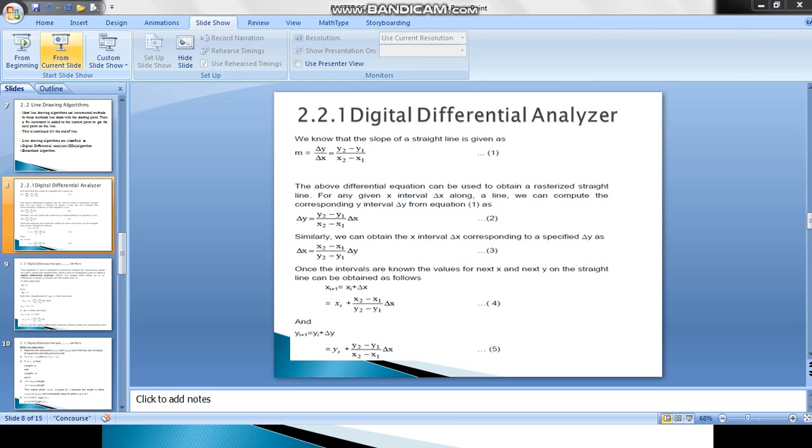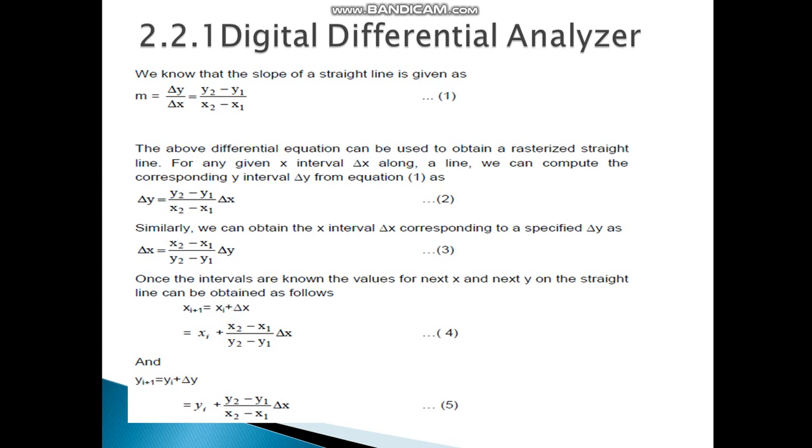y is equal to mx plus b. Means m is nothing but the slope of the line. m is nothing but the difference in y coordinate upon difference in x coordinate, that is delta y is equal to y2 minus y1 and delta x is equal to x2 minus x1.